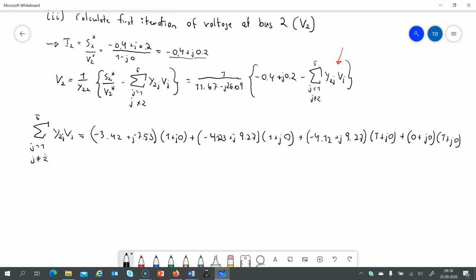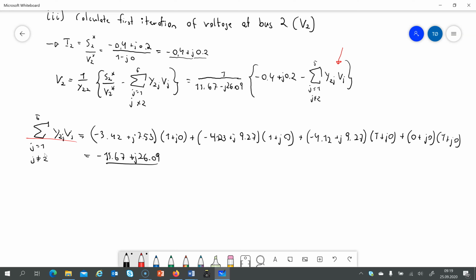Yes, things like this. It will be approximately something like minus 11.67 plus 26.09, like this.